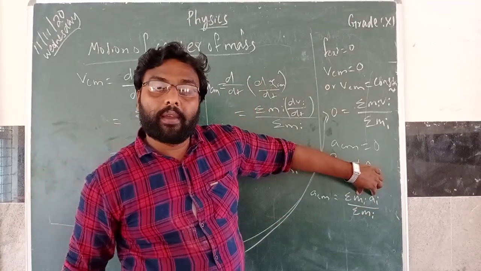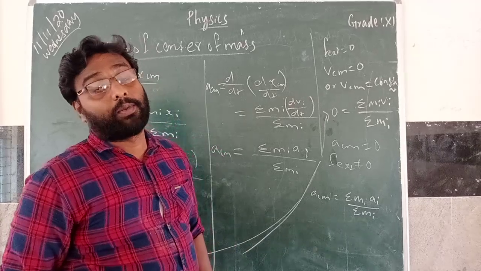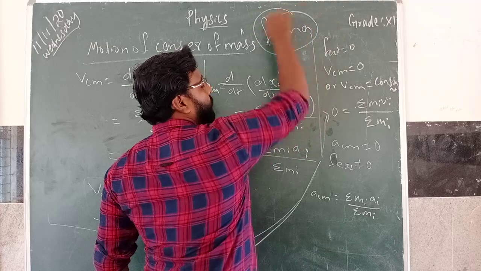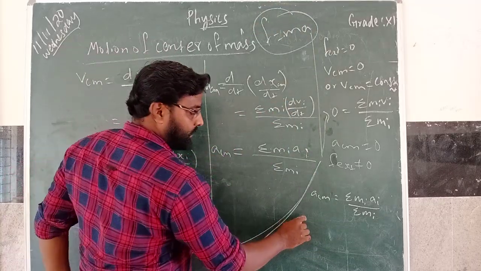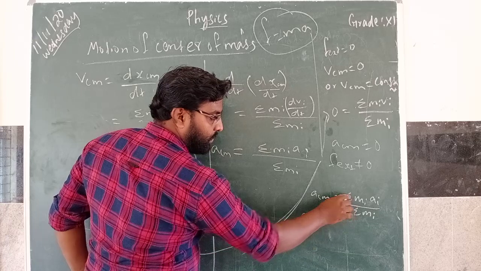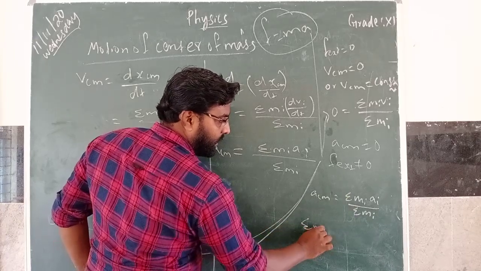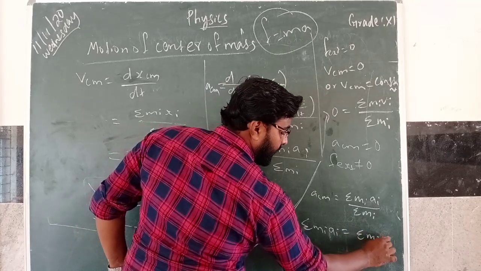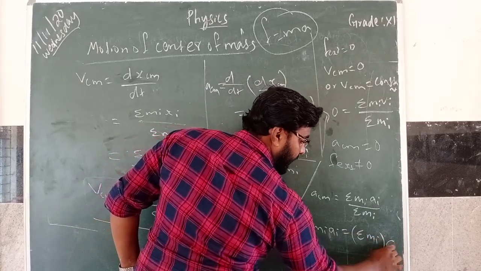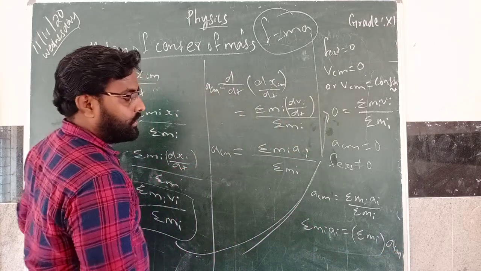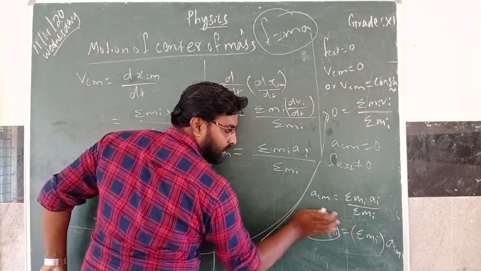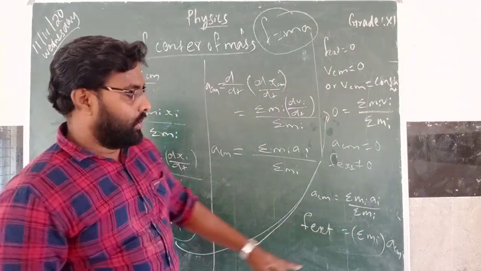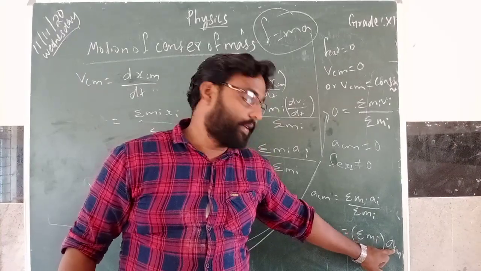What is this m a? m a means external force, since F is equal to m a. So when the external force is not 0, you can write sigma mi ai equal to sigma mi into acm, which means the external force: F external is equal to sigma mi acm.